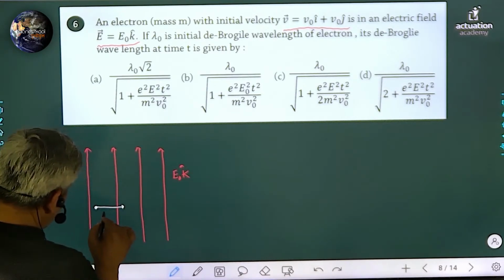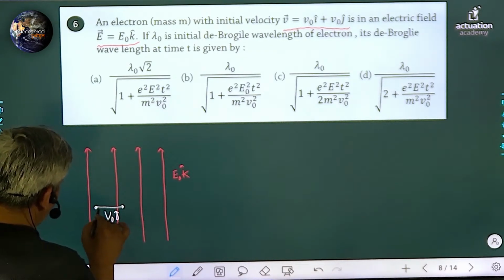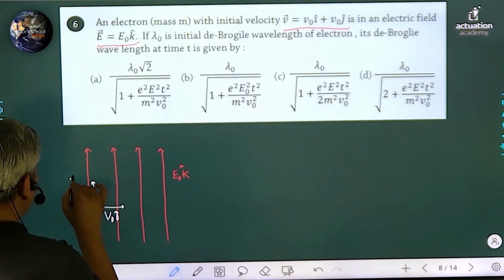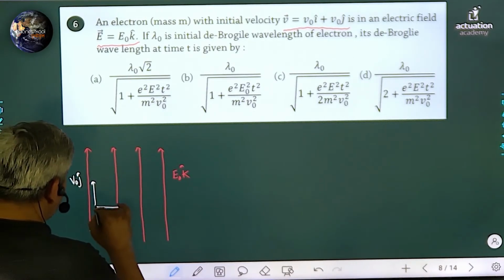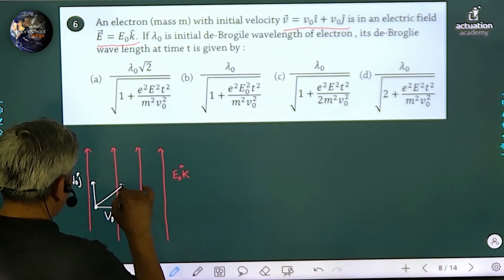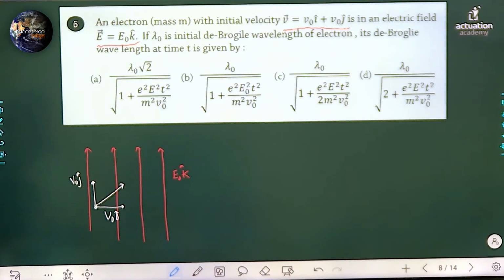So this is V0 i cap and this is V0 j cap. So I would say the electron is somewhere moving in this direction. Good. So now we need to find out, lambda naught is the initial de Broglie wavelength of the electron, its de Broglie wavelength at time t.